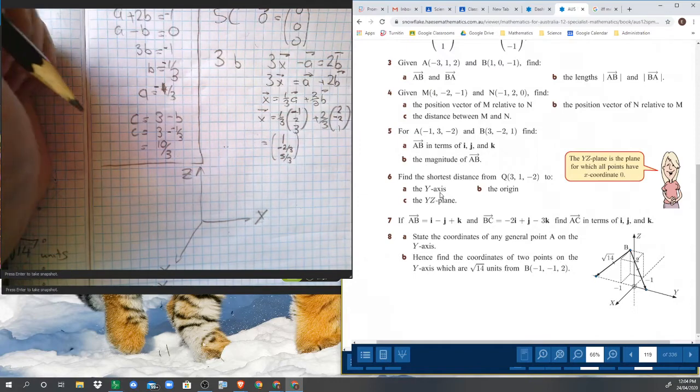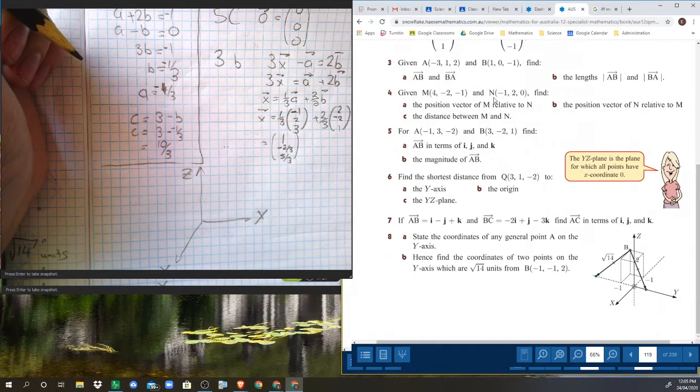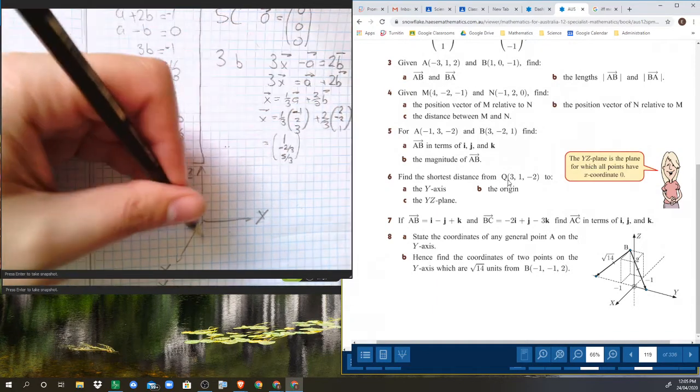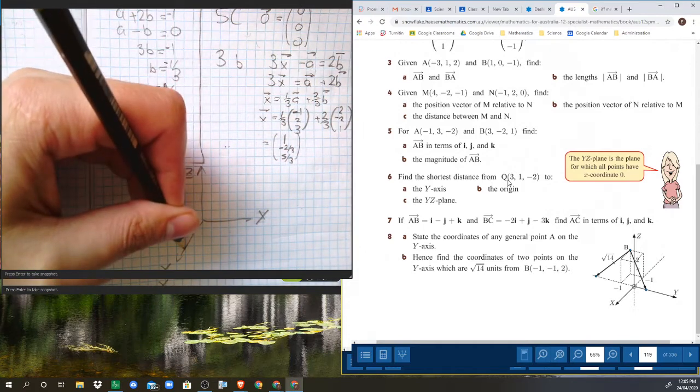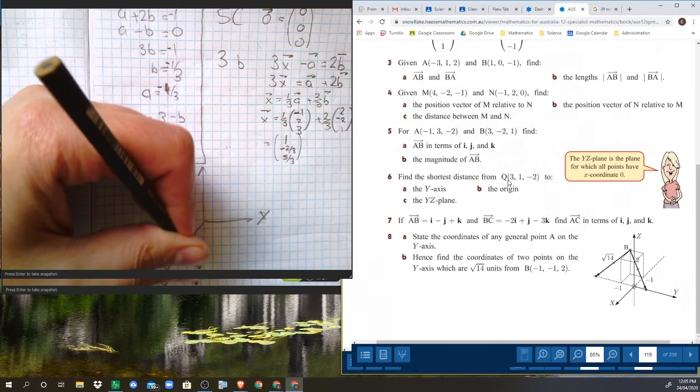All right, so roughly, question 6. Q, we've gone 3 in the X, 1 in the Y, and -2 in the Z. So actually down here somewhere.